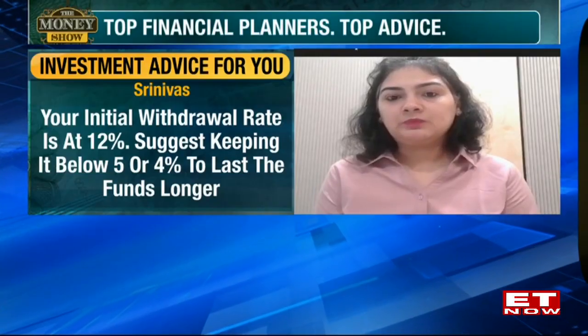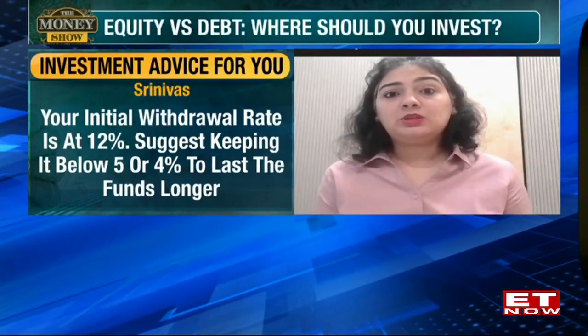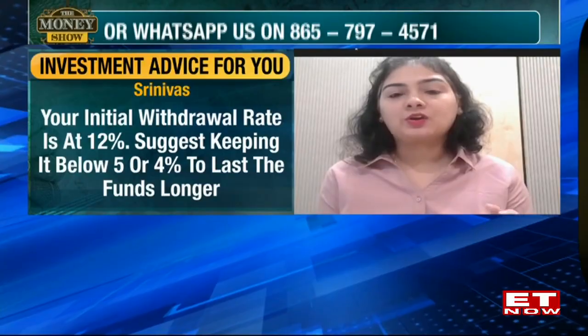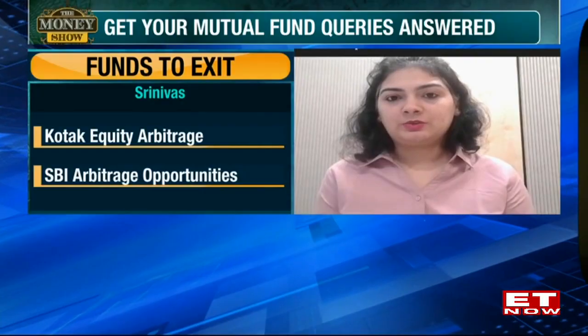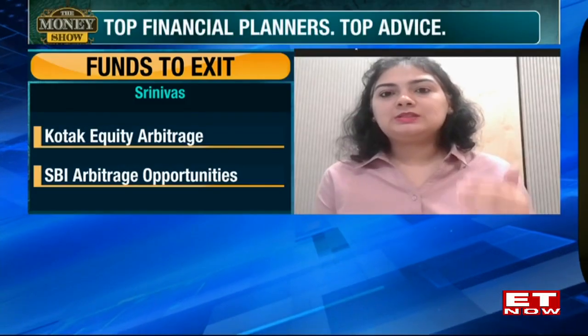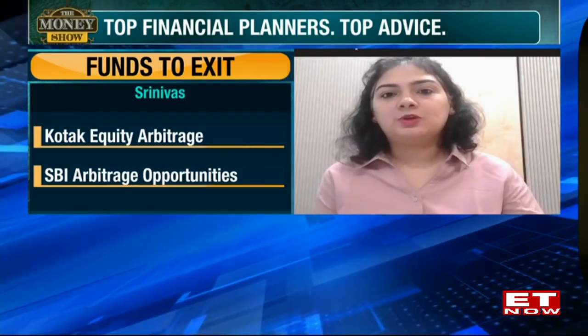Second, for the time being, I'm going with, you'll need 1,20,000 per year, which means out of this 10 lakhs, the money that you need for the next 3 years, ideally 3.5 lakhs, has to be in arbitrage funds for you, from where you will do your systematic withdrawal. Two arbitrage funds that I recommend, Kotak Equity Arbitrage and SBI Arbitrage Fund. Invest in these and you can start your withdrawals from next month onwards over here.